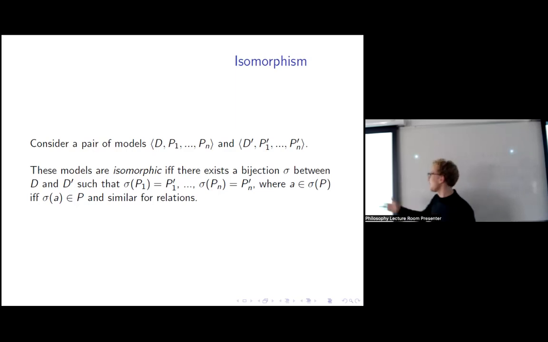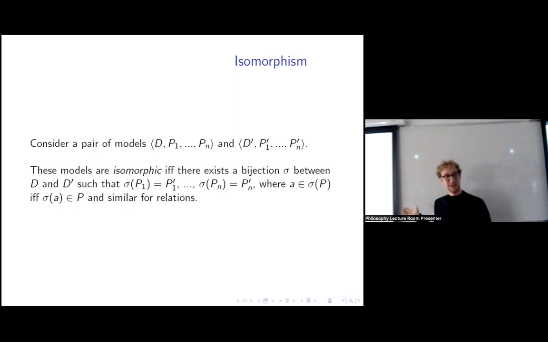But when we've got a pair of models with possibly different domains and with indexed predicates defined over those domains, then they're isomorphic if and only if there exists a bijection between the domains, such that the extensions are preserved given this isomorphism.